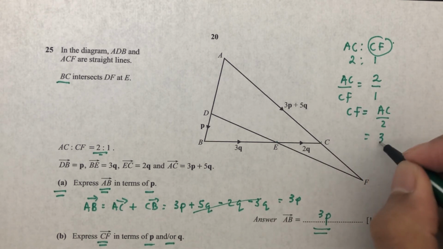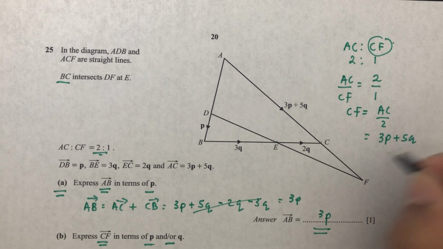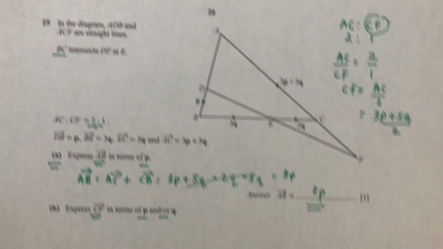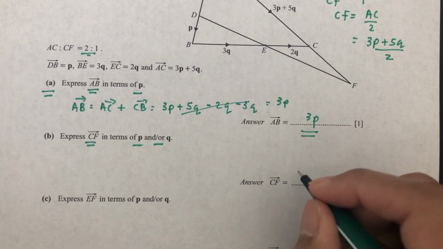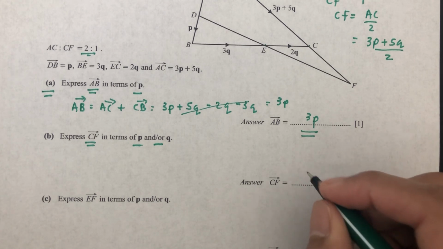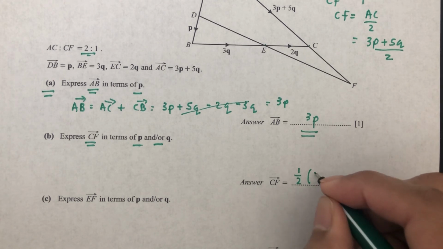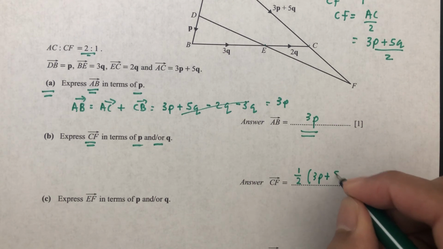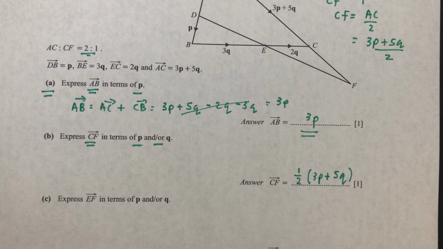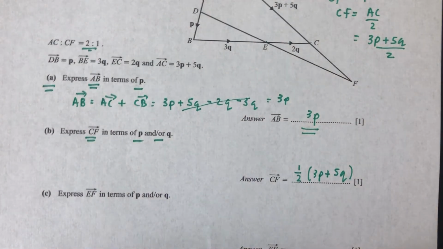AC is 3P plus 5Q, divided by 2. So your answer will be half outside, times 3P plus 5Q. That will be the answer for part B.